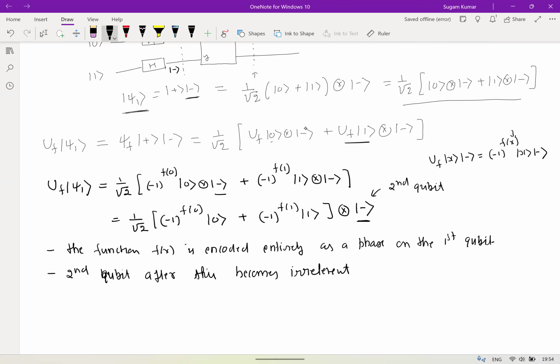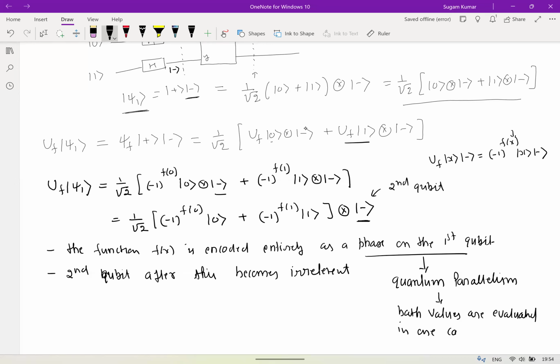And this mechanism, the first one, is what is called quantum parallelism. So see, you are doing only one step here. There's only one computation, and both values are evaluated in one call.